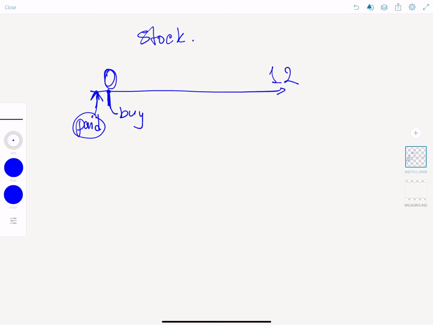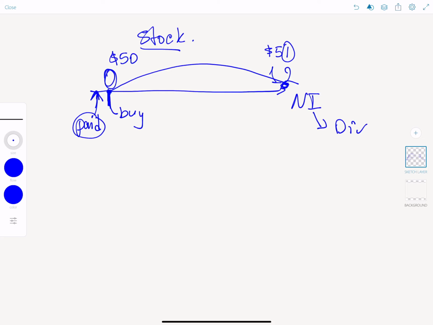Dividend means the company works for some time, then gets net income, and out of this net income the dividend is paid. Okay, that's it. Say the stock is worth $50, the stock will be worth $51 here, because if the dividend is $1, the dividend is accumulated earnings for some period of time.